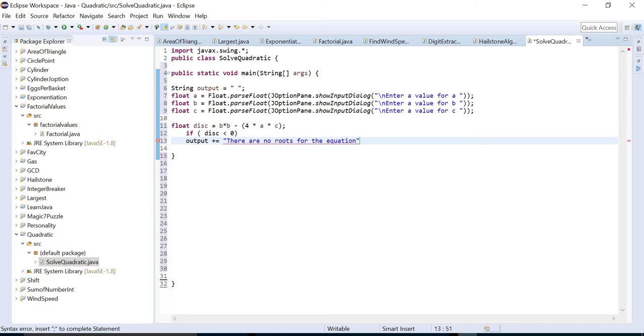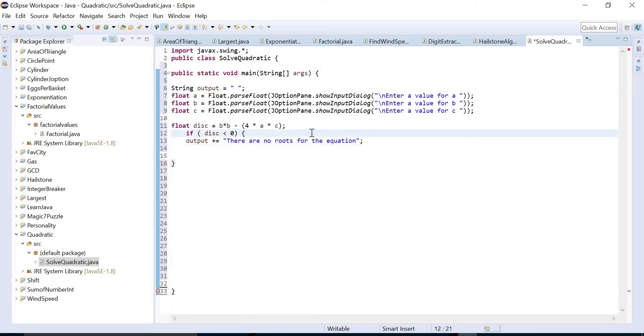Got it? And then end it. Okay. Else, yep, we've got to open here before if, guys, just so you know, because we're going to have an else as well.